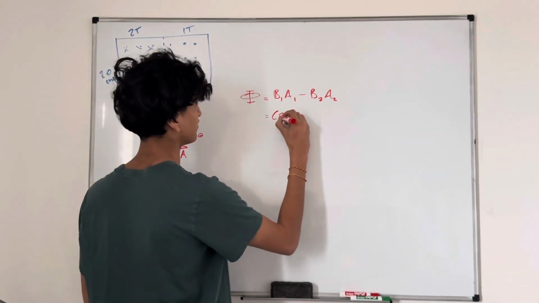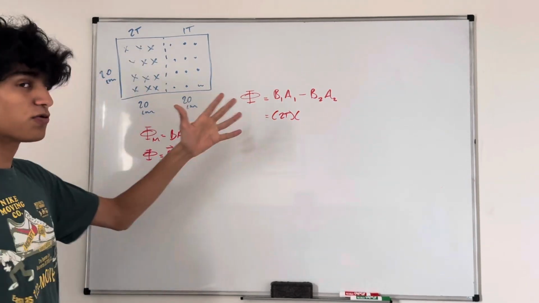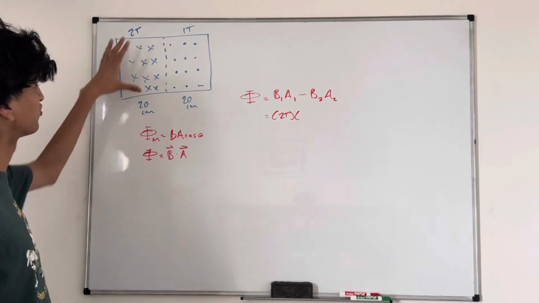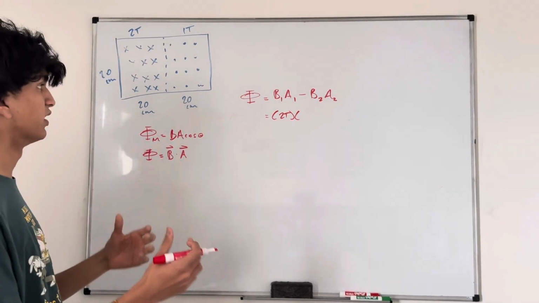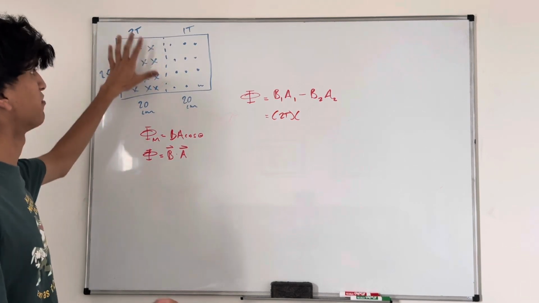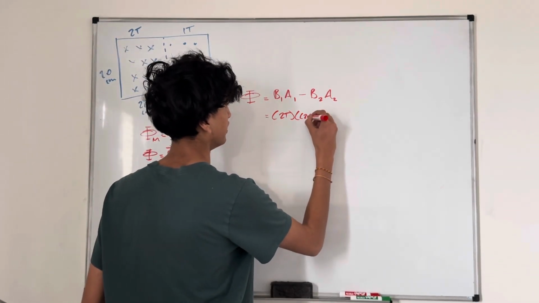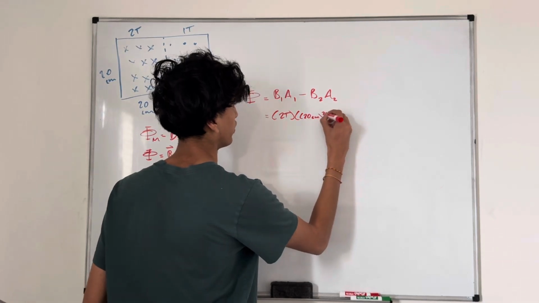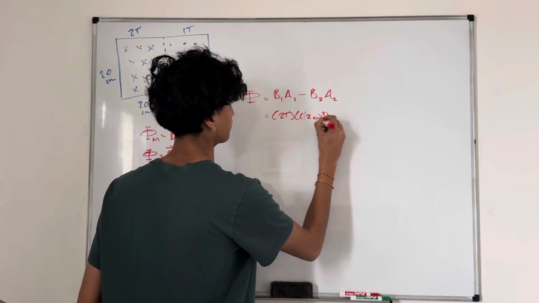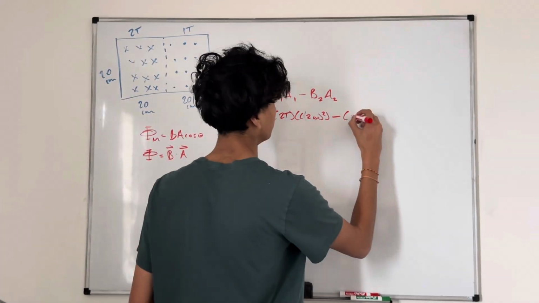So 2 Tesla times the area. It's not the area of the whole thing, it's just the half area. So this 20 by 20 square is the area of that flux. It's a square, so 20 centimeters squared, or I'll say 0.2 meters squared, minus B2, which is 1 Tesla.